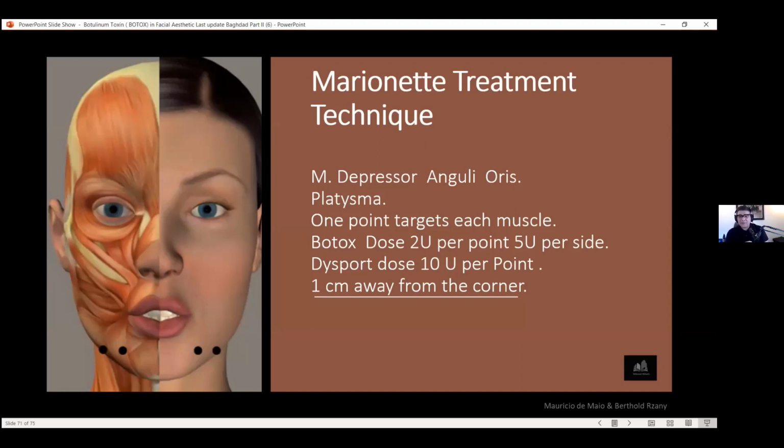So basically, botulinum toxin is going to help you to manage these cobblestones, or manage these marionette lines. But the game here is important for me to avoid what? You have to avoid the modiolus of the mouth. Because if you go to the modiolus level, I mean the corner of the mouth, maybe you're going to paralyze the corner of the mouth, which is important.